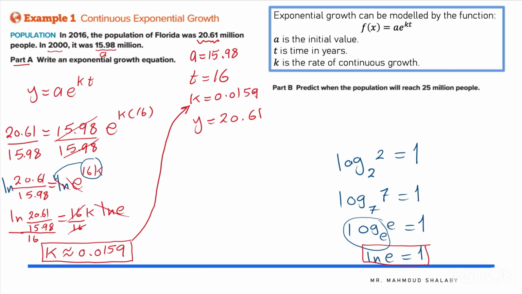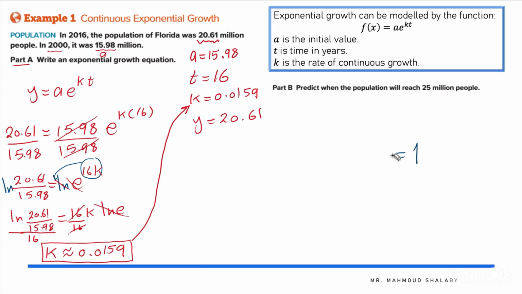As long as I have the value of k now, I can have an equation that can solve any question by providing you, for example, with the time, changing the time, and asking you to find what will be the population by this year. So what I will do now, I will write a general equation that will help you to find the population at any coming year.